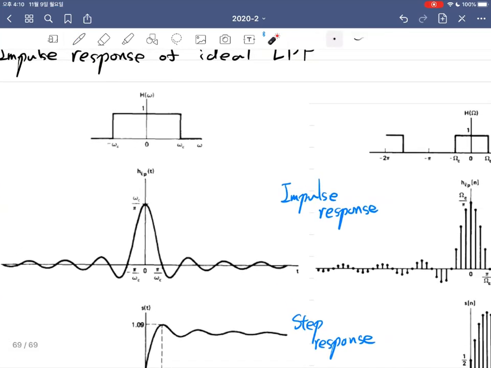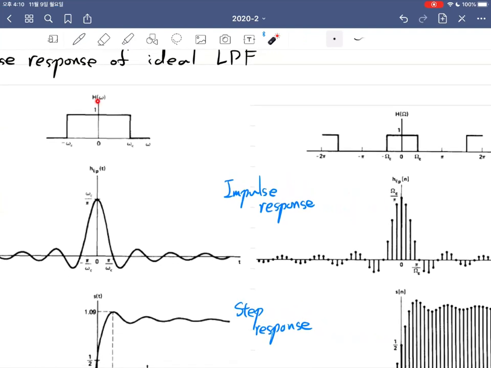So you have to notice that this is not the magnitude of the frequency response. Actually, in this case, H of omega is a real value. Before that, x of t was a real valued signal, remember? In time domain.